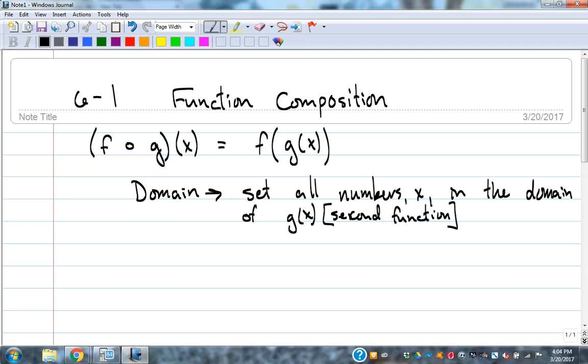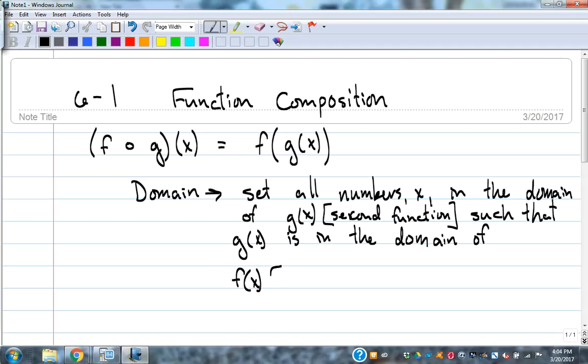So for the second function that's listed, all the x's that are in there, such that g of x is in the domain of f of x, or the first function.